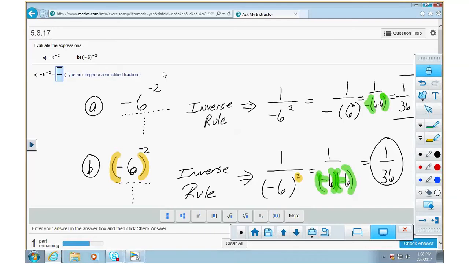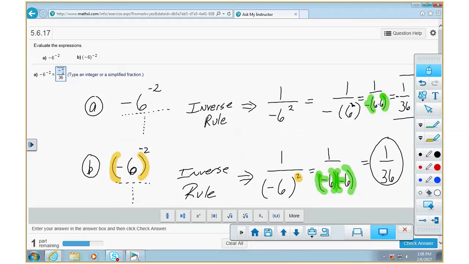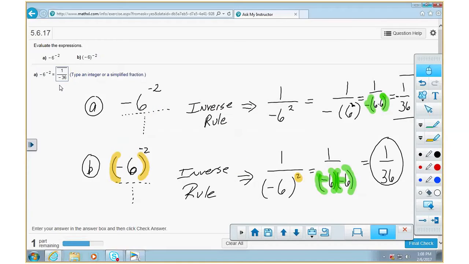So negative. It probably wants the negative out front, but I'm going to put it 1 over 36. It probably won't like that. So I'll put the negative on the bottom. See if it likes that. What do you mean?